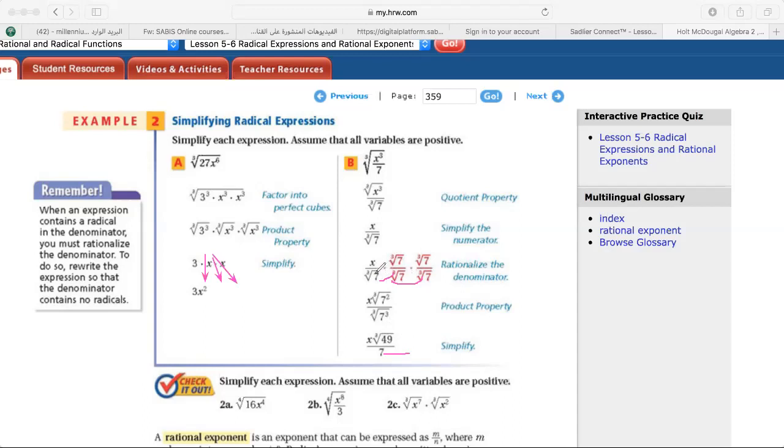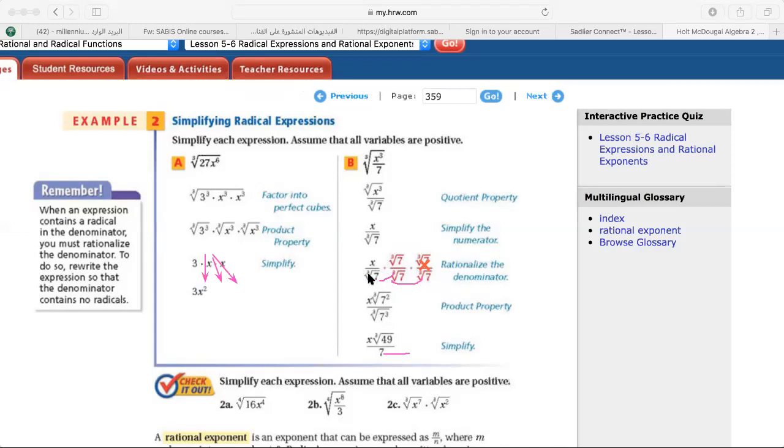Again, what if I have a square root, not a cubic root? What am I going to do? I will only multiply by square root of 7 and square root of 7, so in all I will have 2 roots.